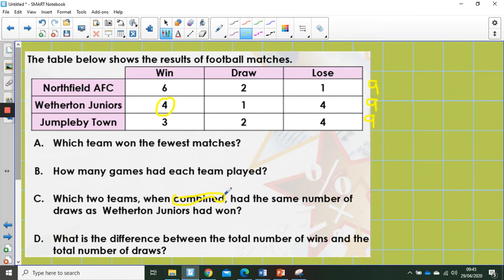So added together, some of the other teams will have had the same number of draws. So we need to find a total of 4 in our draw column. Here's 2 and 2 more makes 4. So Jumbleby Town and Northfield AFC are the 2 teams that had the same number of draws as Weatherton Juniors had won.